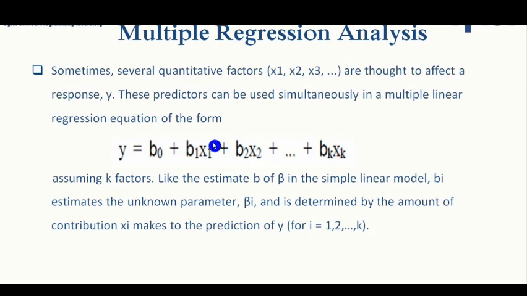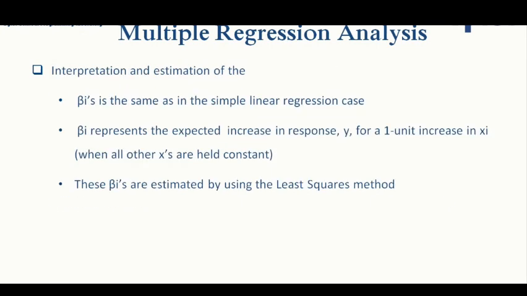So in that case, x1 can be considered as age, x2 as weight, and then you model the systolic blood pressure by using b0 plus b1 x1 plus b2 x2. Again, if you think that there should be some other factor taken into consideration, say hemoglobin, then you will add that variable and again fit the same model. If you remember, we have talked about the method of least squares principle. So the same principle is applied in the multiple linear regression setup also, and these parameters betas are estimated.